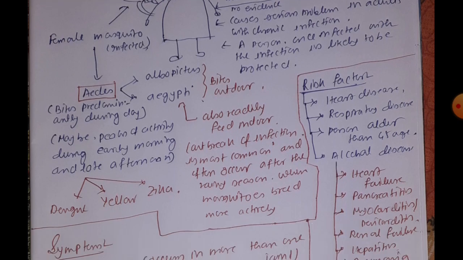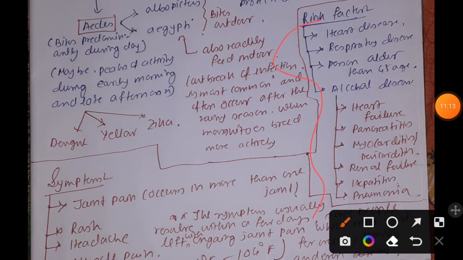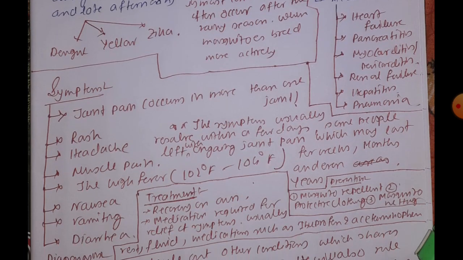Now we have seen the risk factors, right? Heart disease, respiratory disease, individuals older than 45, and those with alcohol disease may be at risk. An alcohol disease patient may also develop heart failure, pneumonia, pericarditis, myocarditis, renal failure, hepatitis if infected with chikungunya.